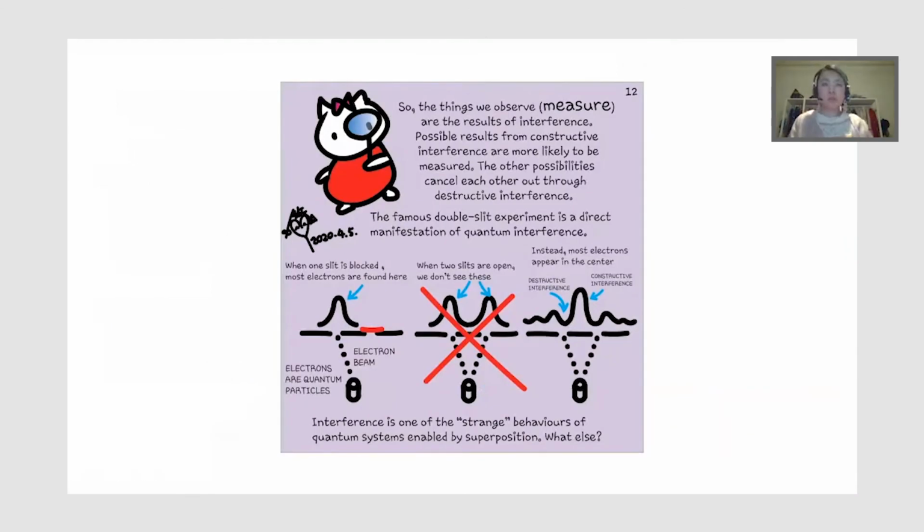Okay, so the double slit experiment is one of the experiments physicists in the early 1900s and later did to discover there are quantum effects.